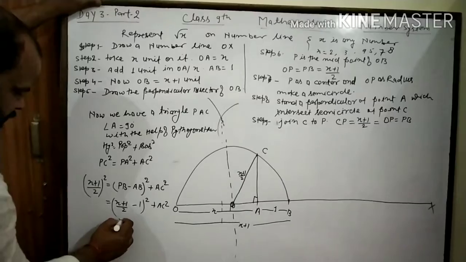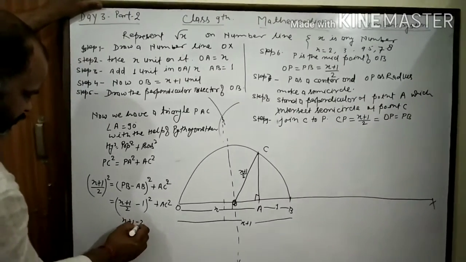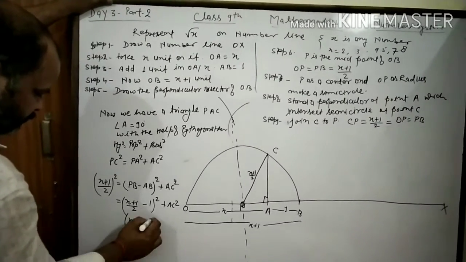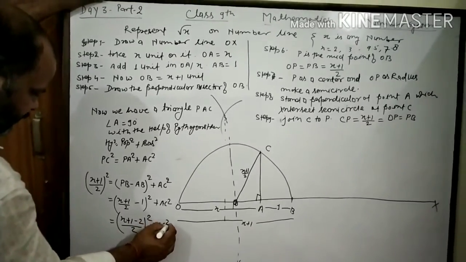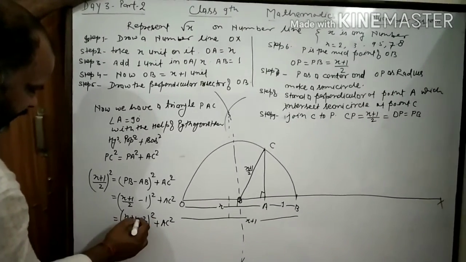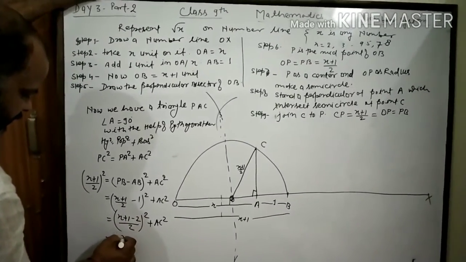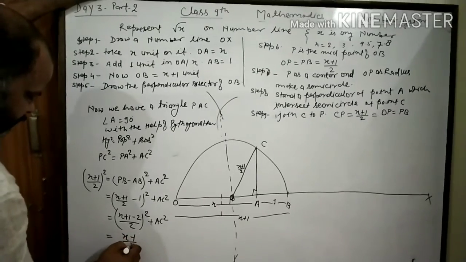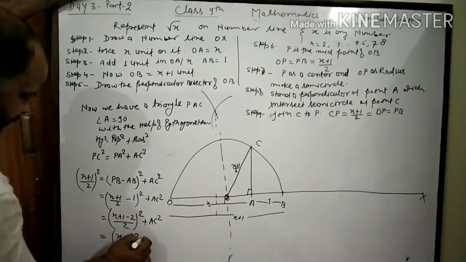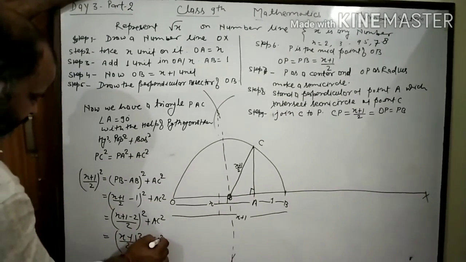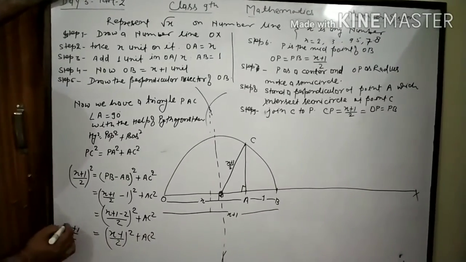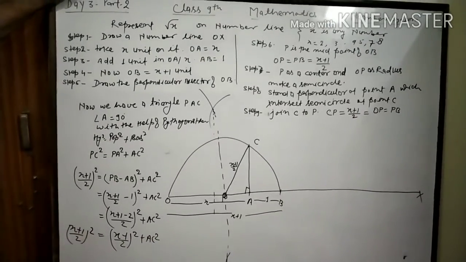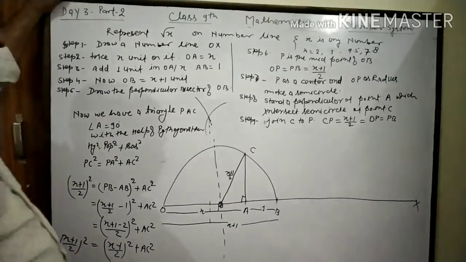Here x plus 1 minus 2 by 2, plus AC square, and it is x minus 1 by 2 whole square plus AC square, and it is x plus 1 by 2 whole square. We can find the value of AC.